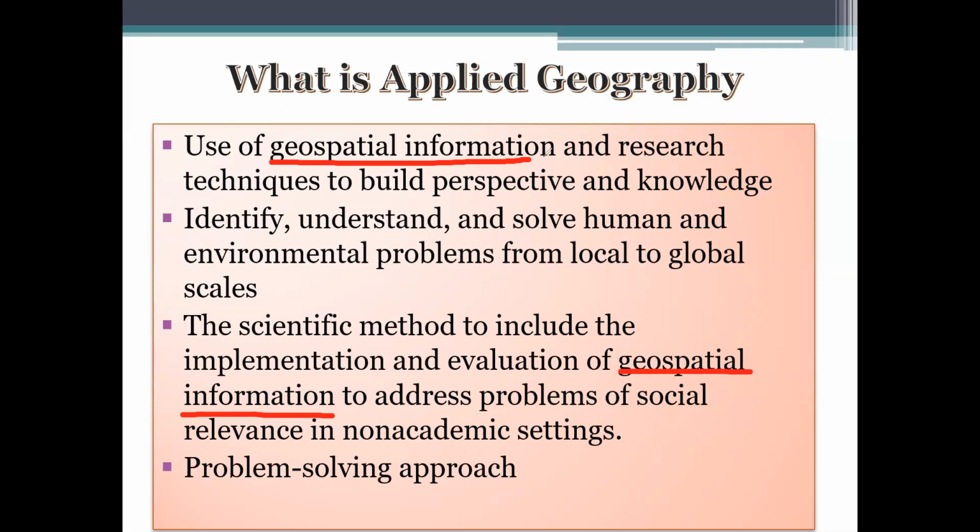We collect information about any phenomenon or features of the Earth's surface. The problems are very important. Problems can be explained as human problems, environmental problems, problems of social relevance, something like that.